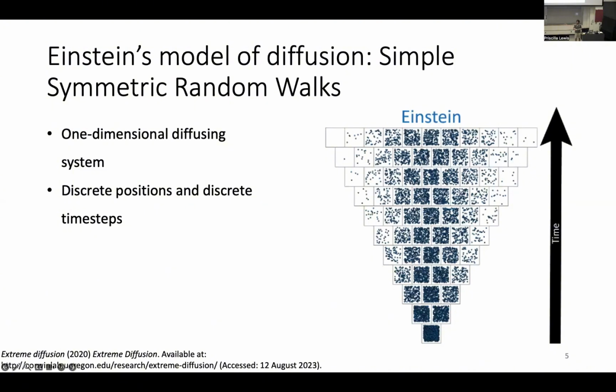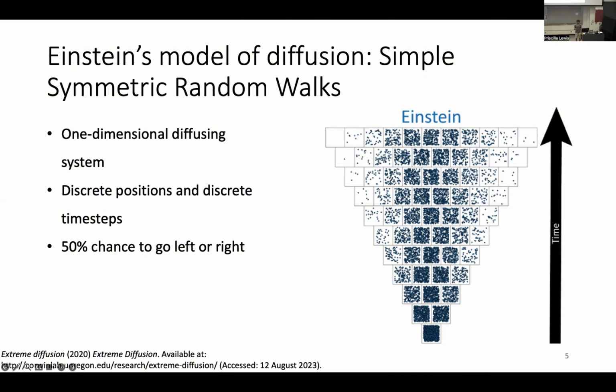They have a 50% chance to go in each direction based on Einstein's model. So what happens is half of them go left, half of them go right, and then that happens again and again until eventually you get a Gaussian probability distribution. And this model is called simple symmetric random walks. You can see the symmetry. So that's the first model.